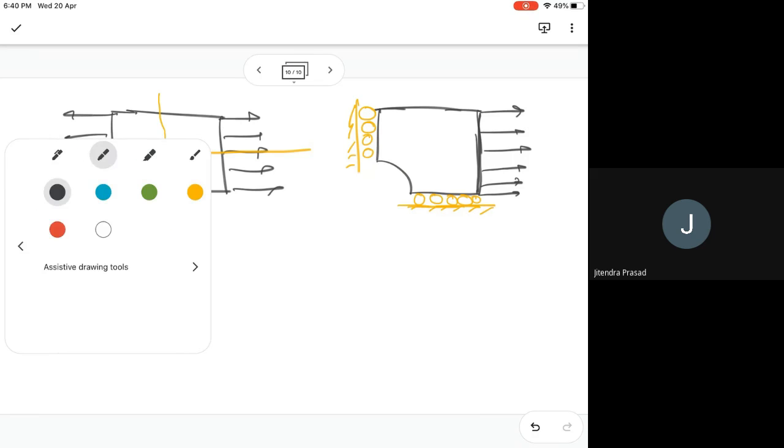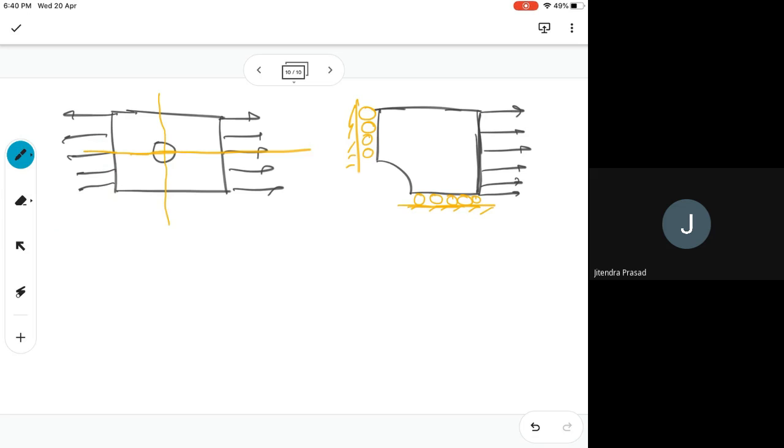So accordingly, when you create elements, you will create a smaller element here, something like this, say maybe triangular, like this. And as you go further, it can be a bigger element. Yeah, so you can have it like this.